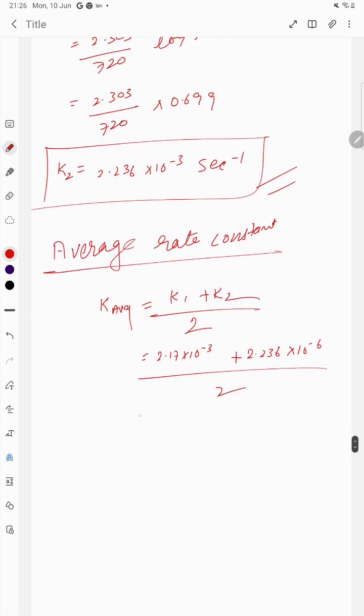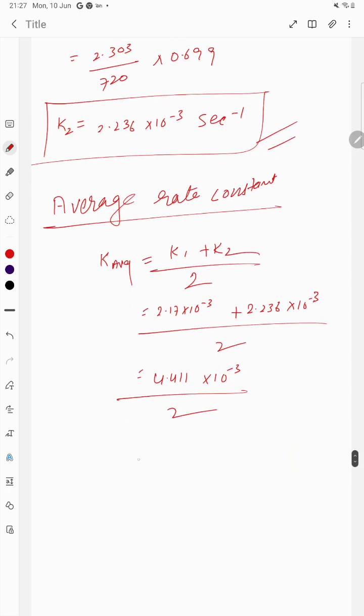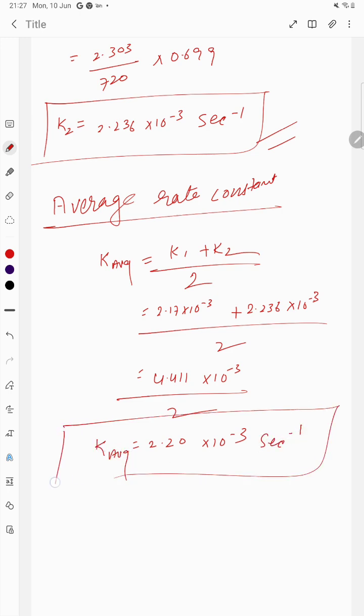If you solve this, it is coming 2.20 into 10 power minus 3 second inverse. This is the K average, and this is our required answer, student.